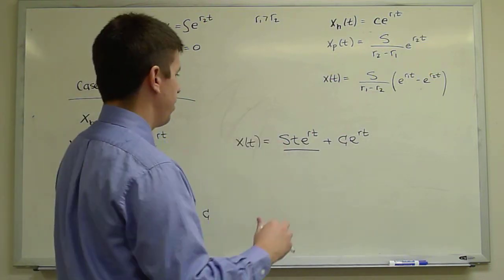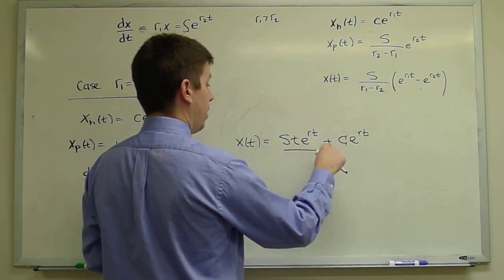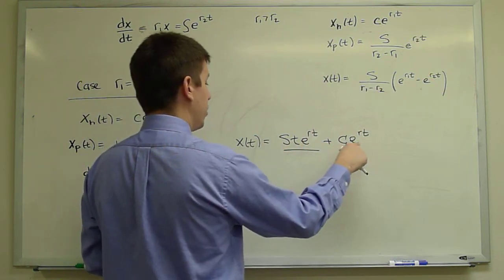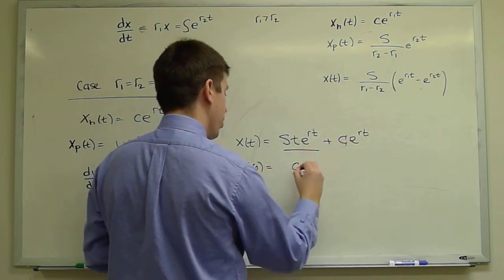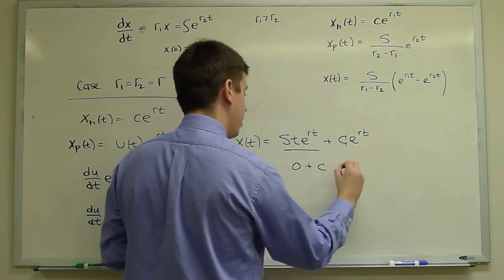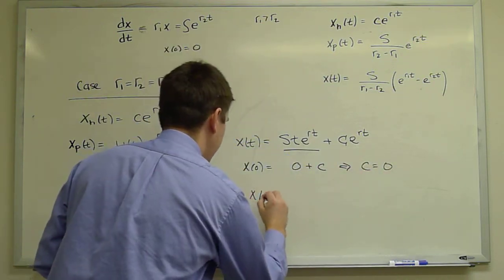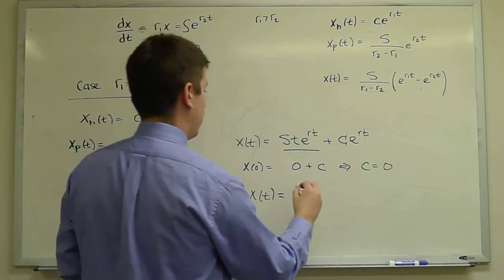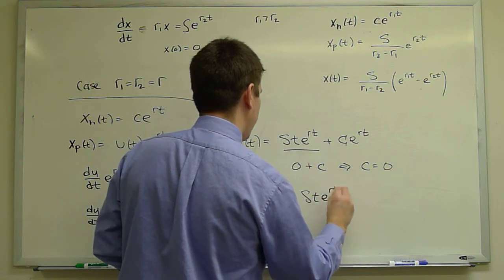And if we quickly satisfy the boundary condition here, when t equals 0, x of 0 will be 0 plus c, implying that c equals 0. And so x of t equals simply st e to the rt.